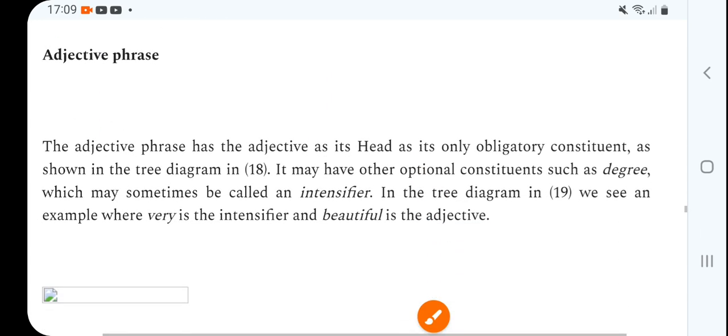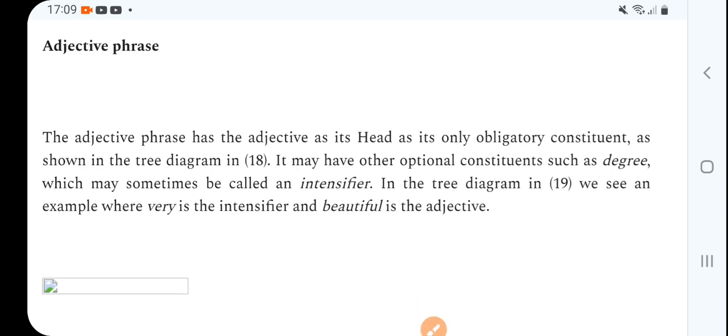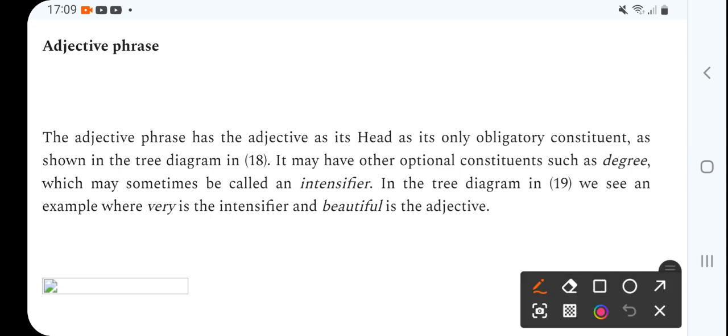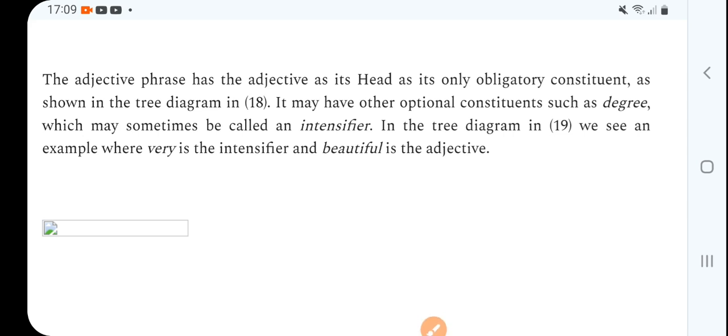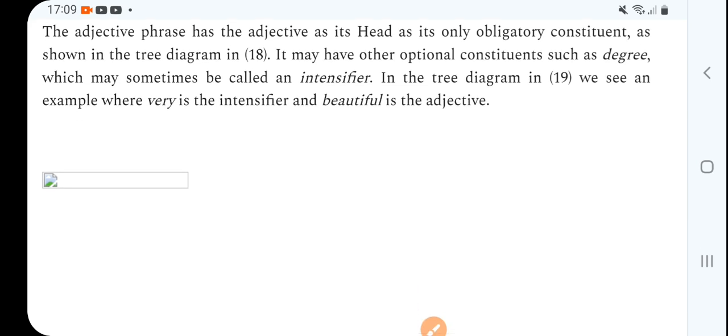Now, adjective phrase. An adjective phrase has the adjective as its head and its only obligatory constituent. For example, very informative paper. The only obligatory constituent is the adjective, as shown in the tree diagram. It may have other optional constituents such as a degree word, which may sometimes be called an intensifier. How much, right? For example, more beautiful, most beautiful.